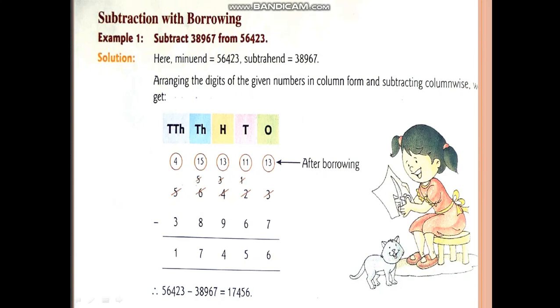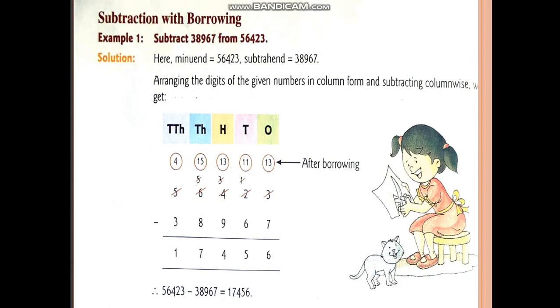So 13 minus 7 is equal to 6. Again, 1 is less than 6, so I am borrowing from the 4. The 4 becomes 3 and the 1 becomes 11. So 11 minus 6 is equal to 5.